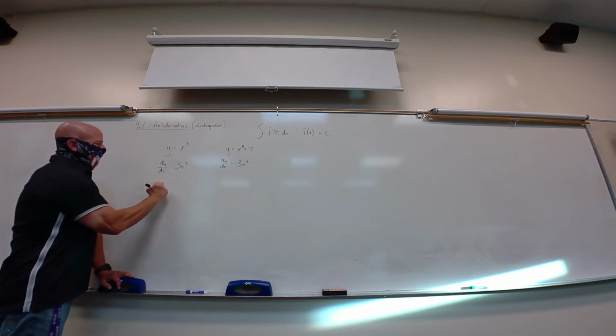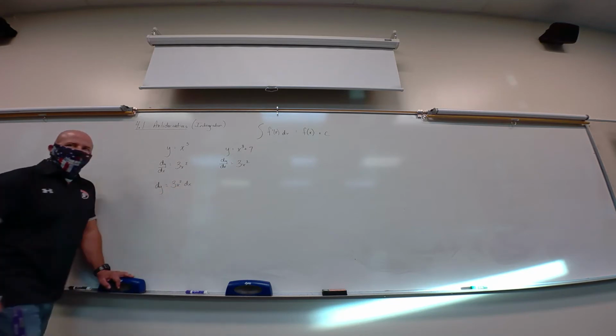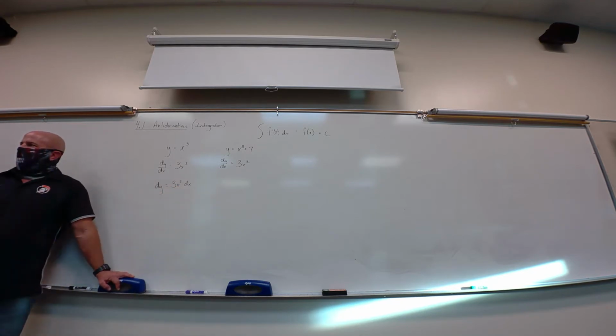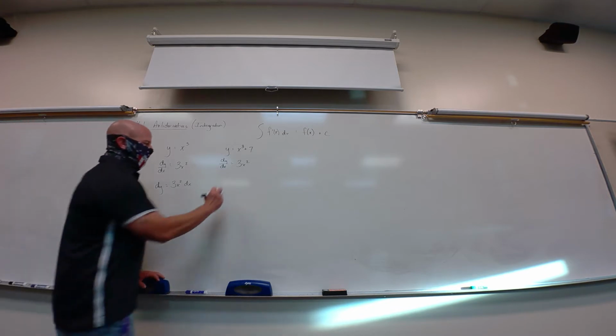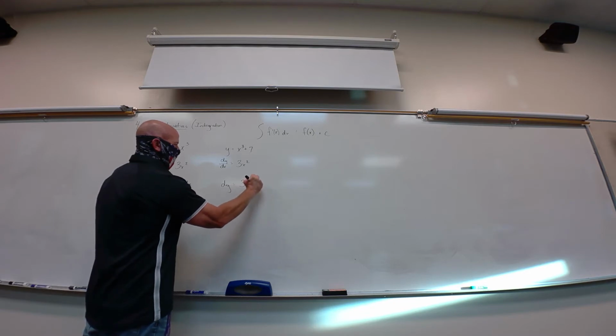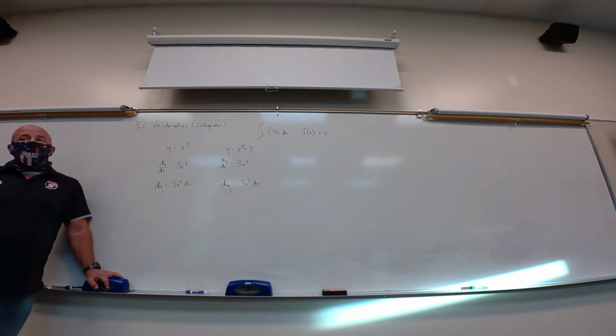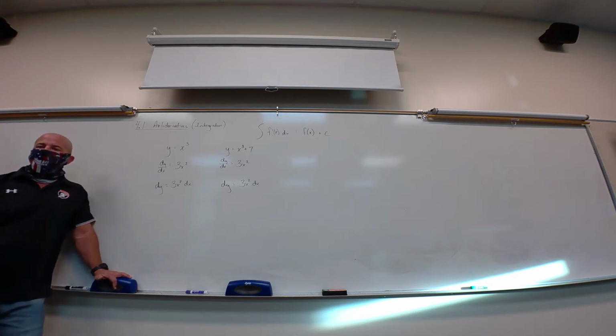Well, this means that I can multiply both sides by the dx. Everybody agree with that? Now it's an equation. We can do anything we want as long as we do it to both sides, right?